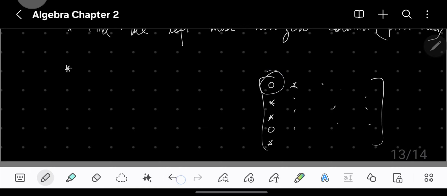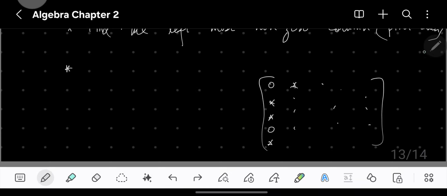We have to make it non-zero. So we have to swap this row with the other row. If this is non-zero, I will swap this row with this one.